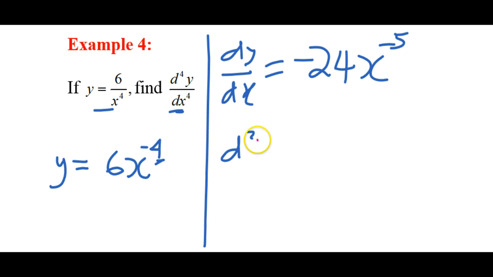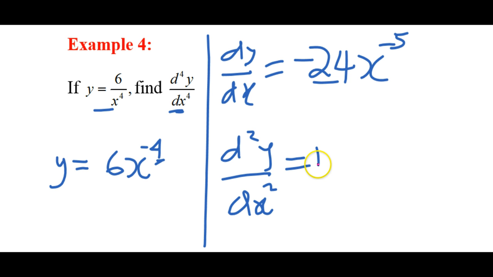Then the second derivative will be 5 times the 24, which will be 120 positive. x to the power minus 1 again will give us 6. And then we go for the third derivative.